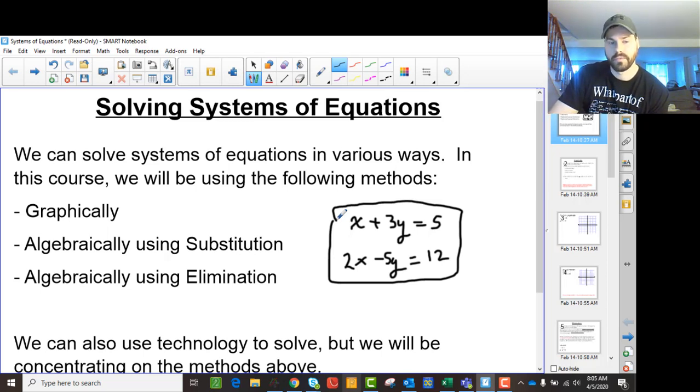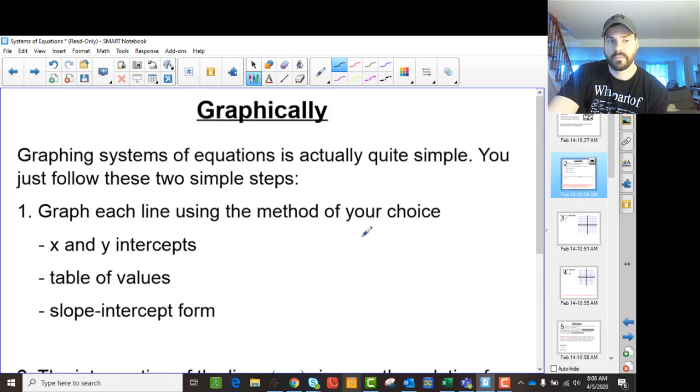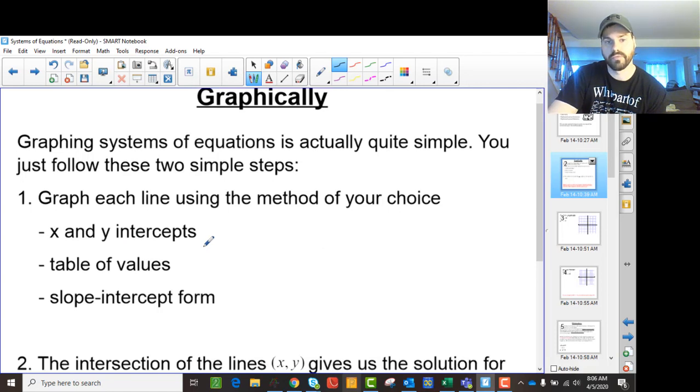Let's solve it. To solve it, we're going to talk graphically first. In order to solve something graphically, all you have to do is graph the two equations, whichever they are. And you can do that using any of the methods that you want. So you can use x and y intercepts. That's one method of graphing an equation. You can use a table of values where you just pick a couple of x values and find the y value that corresponds to it.